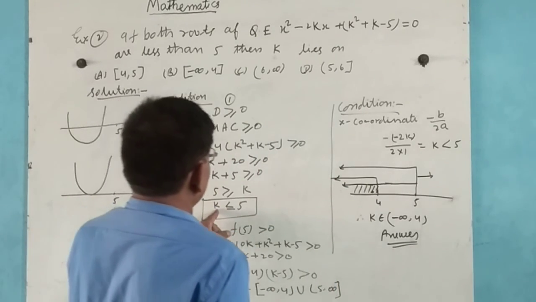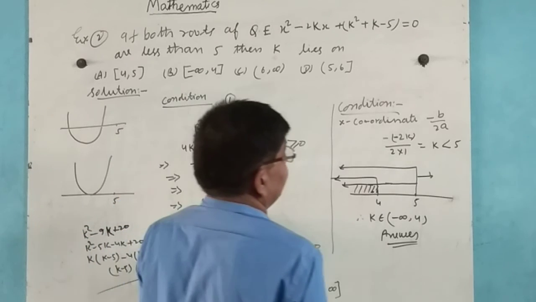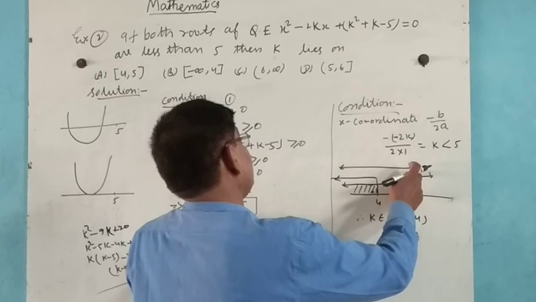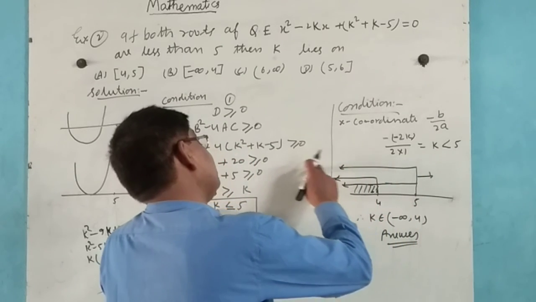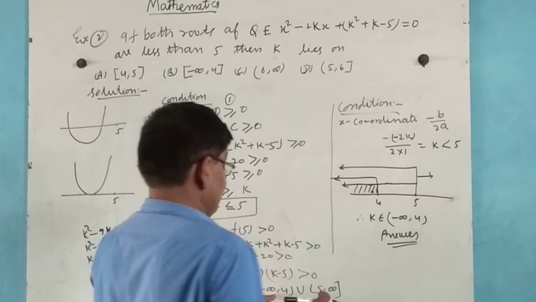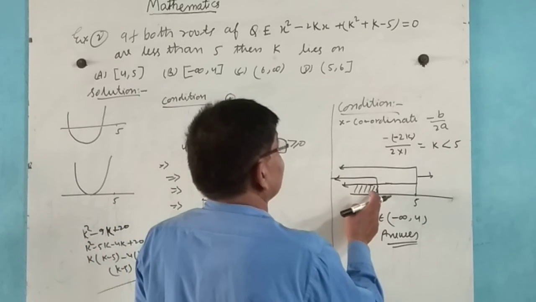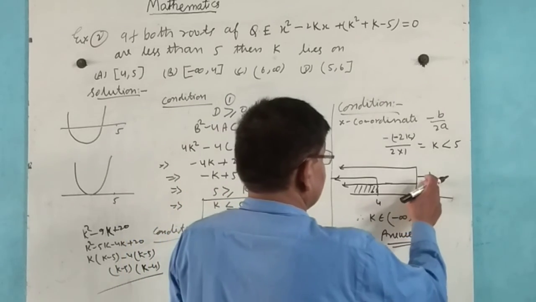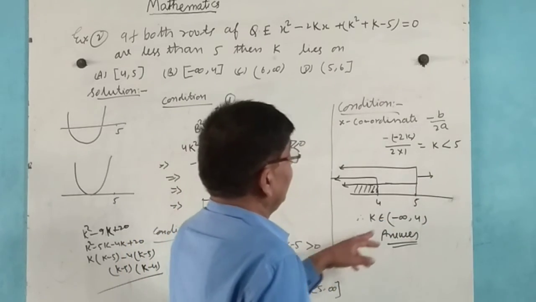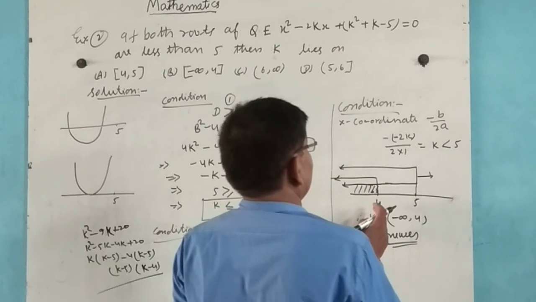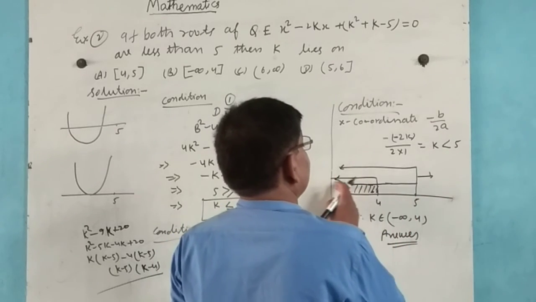First k less than or equal to 5, these regions, and these regions, minus infinity to 4, this region, and 5 to plus infinity this region, and here also k less than 5, this region.